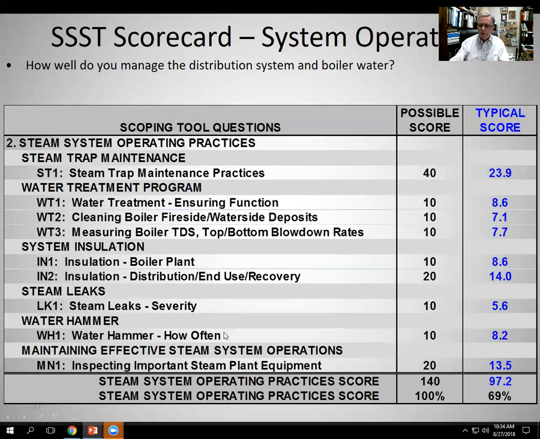Water hammer: if you get water in the steam lines, that steam's moving fast. It can grab a chunk of water and move it down a pipe 400, 500, 600, 700 feet per second, and when it hits something, it's a big bang and it can break things. So is water hammer a problem, and how well do you manage it?